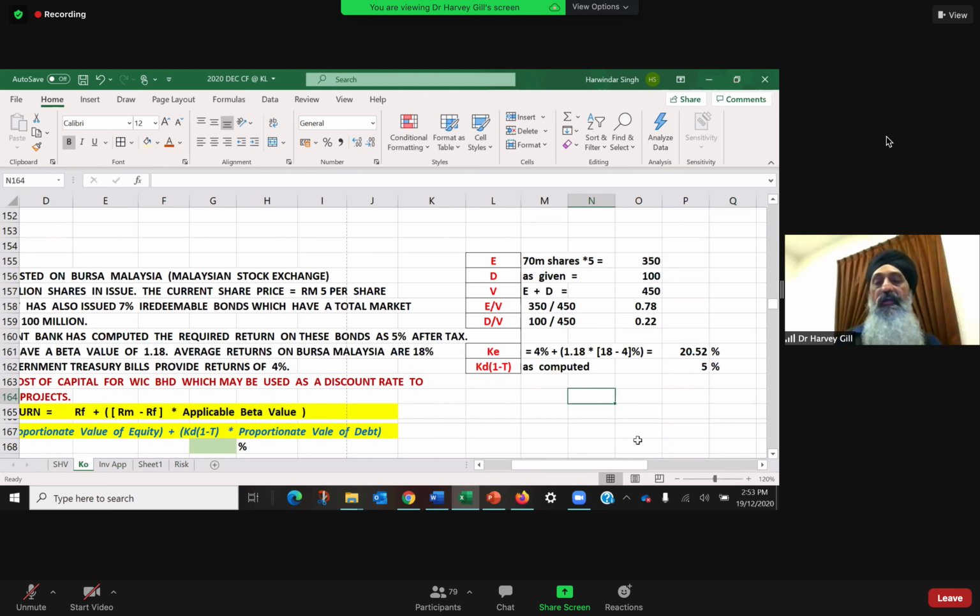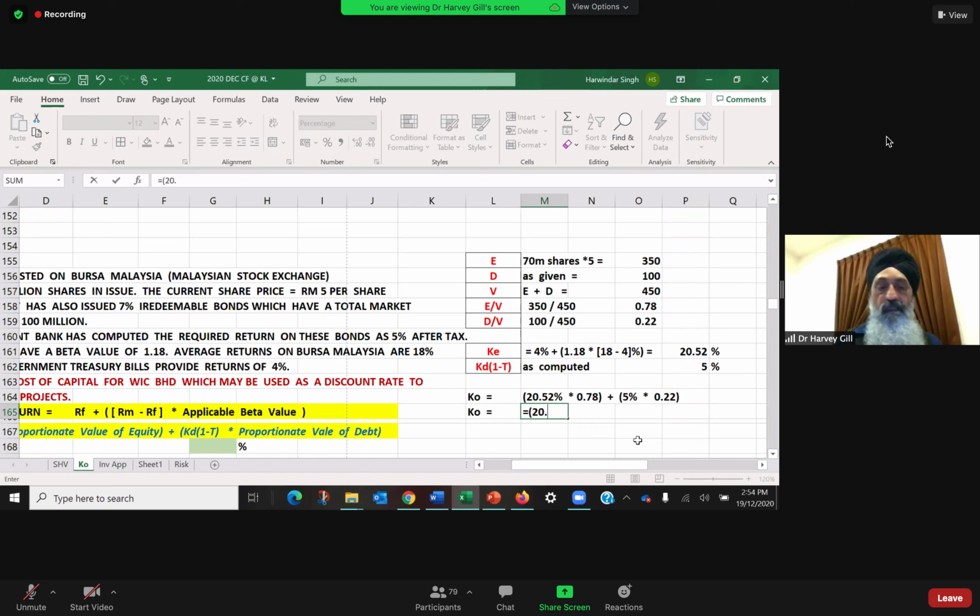So then we can now happily compute our cost of capital, yeah, and say K0 is equal to 20.52%, which is the cost of equity, multiplied by the proportionate value of equity, which we calculated as 0.78, plus 5%, the cost of debt after our tax benefit, multiplied by proportionate value 0.22, and well, that should give us, see, once again I will do it so that you can see it happening. 20.52 multiplied by 0.78 plus 5 multiplied by 0.22.